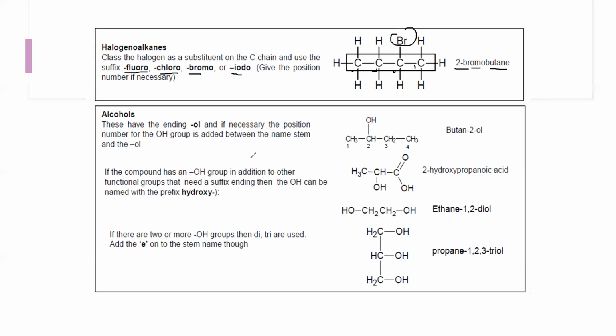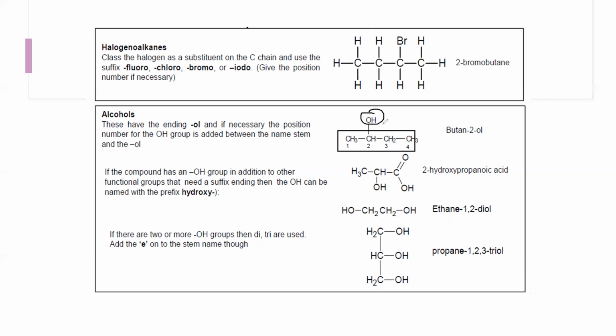For alcohols, if only an OH group is attached, again we select the longest carbon chain. The numbering should start from nearest functional group. So here it's second. If I count from left, it's second, and if I count from right, that will be third. So I will count from left hand side.